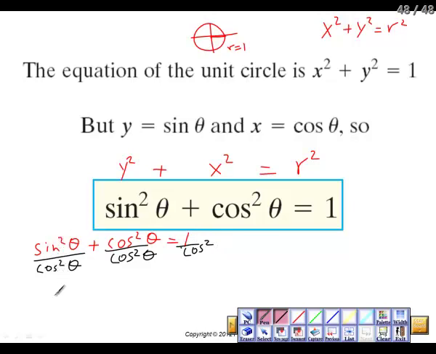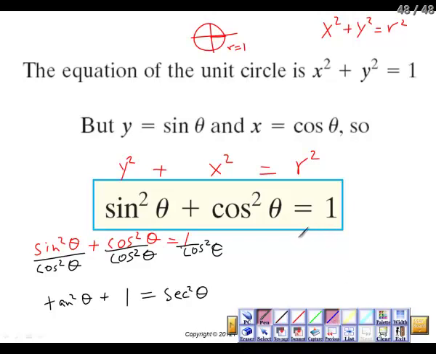So sine squared theta over cosine squared theta is tangent squared theta. Well, cosine squared theta over cosine squared theta, that's 1. And then 1 over cosine squared theta, if 1 over cosine is secant, then 1 over cosine squared theta is secant squared theta. So we can say that tangent squared theta plus 1 equals secant squared theta.